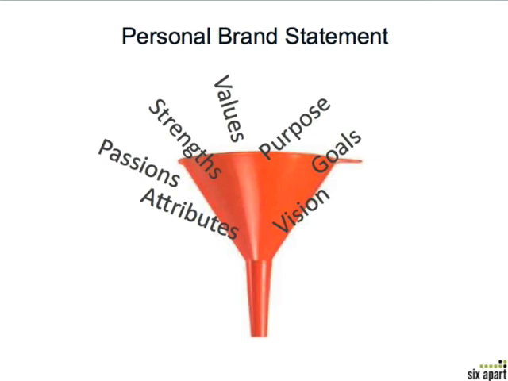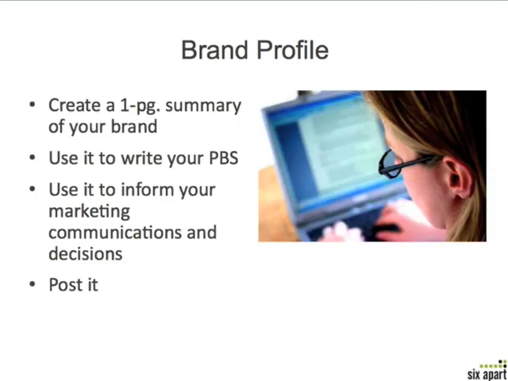So on the next page, there's sort of a process for how you arrive at this one-sentence personal brand statement. So in Career Distinction, there's an example of a brand profile. And a brand profile is really nothing other than a one-page summary of your brand. It's a list of all the summarized exercises that you've done.